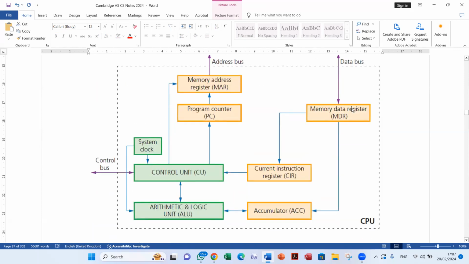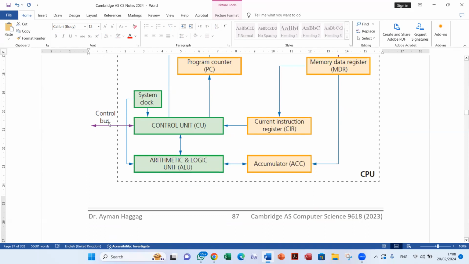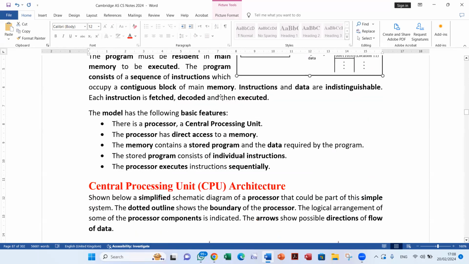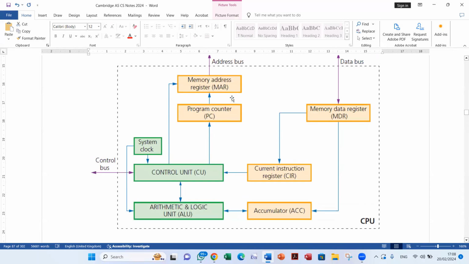How many buses do we have? There are 3. This is the address bus, this is the data bus, and this is the control bus for carrying control signals. The control bus is bidirectional because it carries control signals to components, and it also receives interrupts.